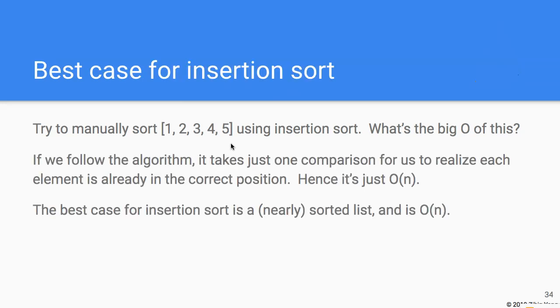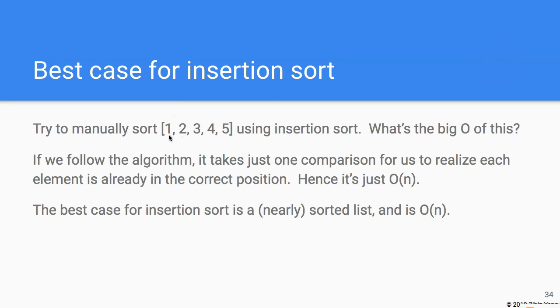So assuming you've done that, it's obvious that this list is already sorted. But the more important thing is, how long does it take for insertion sort to go through the entire list and then realize it's already sorted? Well, the number of steps should be basically on the order of n, right? Because let's say we start with number 2.